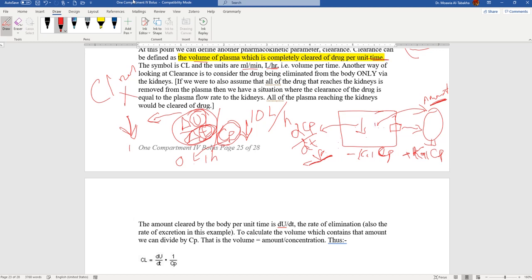Because we are concerned with the amount, we multiply this by volume. When you multiply concentration by volume, you get the amount of the drug that is getting out. So what does du/dt become? It will be equal to KEL times V times CP. Clear? So we multiplied V times CP to get the amount of the drug that gets out from the window, whether metabolism, excretion, or both. So it's equal to KEL times V times CP.